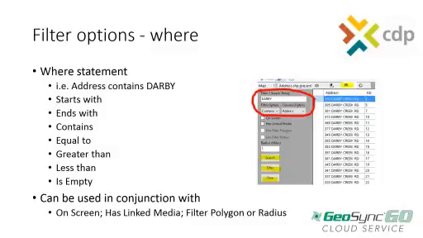The where statement can be used in conjunction with any of the spatial searches, such as on screen. So we can say find all the features that have an address that contains Darby that's on the map screen, or an address that contains Darby within a certain radius filter feature that we've created.